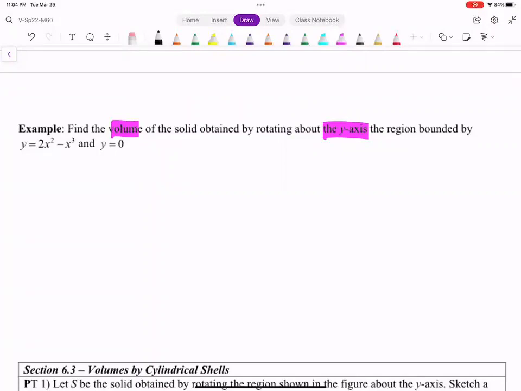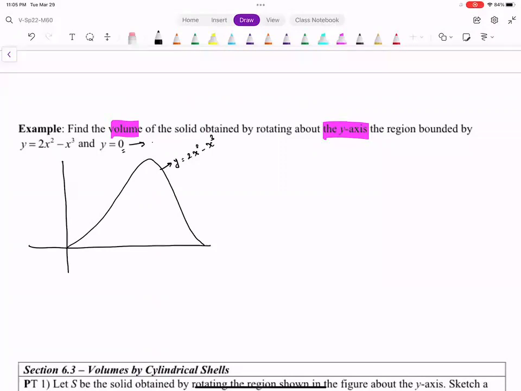The graph of y equals 2x squared minus x cubed will look like the following. It is bounded by y equals 0, which is the x-axis.